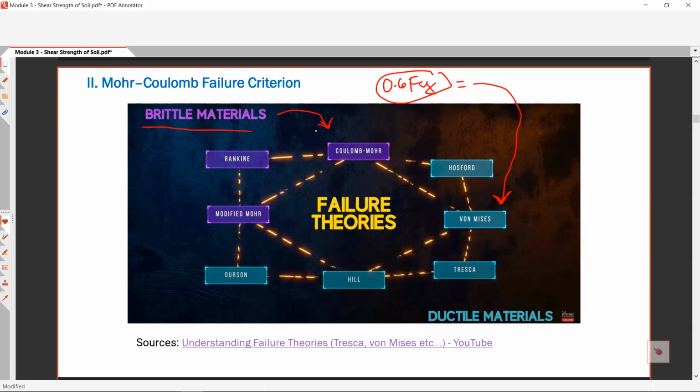Then there is a modified version of Coulomb-Mohr. There we have the modified Mohr, this one is the modified Coulomb-Mohr failure criterion. This one is for brittle material. So if you want to check other failure theories, you can also check this video in YouTube.